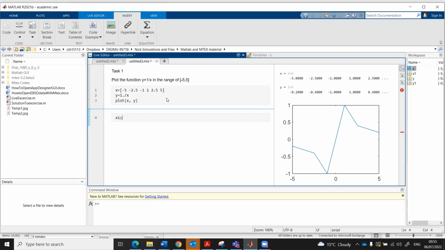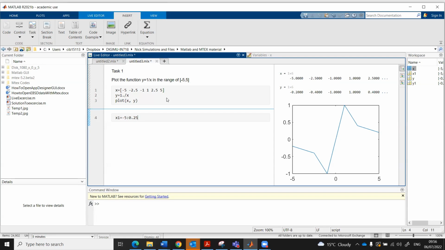It means that we are telling that we will start from -5. Then I'm putting the colon operator. And after this colon, I'm telling with what step I want to go. Suppose I want the step 0.25.